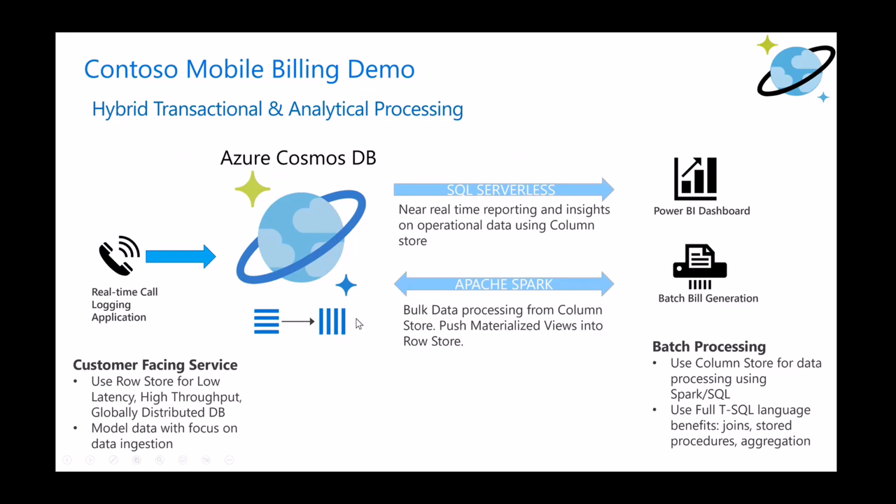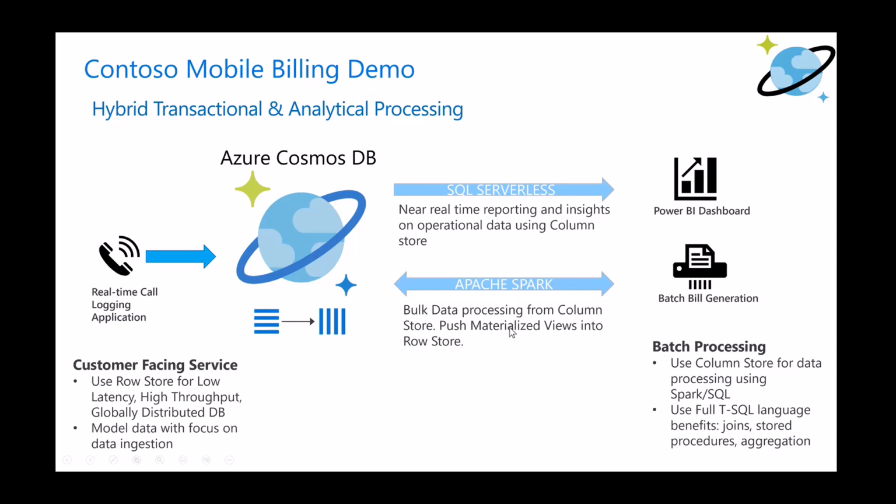And then this columnar store is used by the SQL serverless, and it is used by the Power BI application. The same columnar store is also used by the Apache Spark runtime to do some batch processing. So it basically generates the bill document through the batch processing. And once the batch processing is complete, it writes back data to the transactional store.